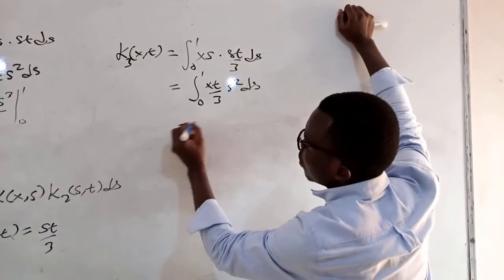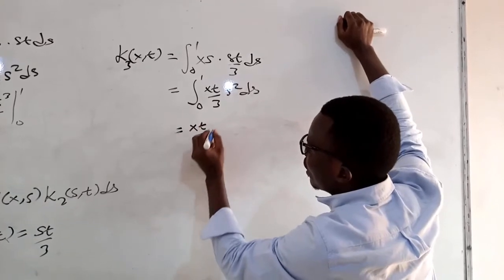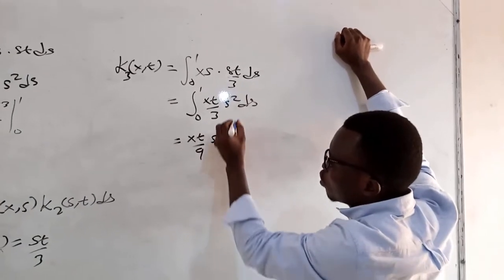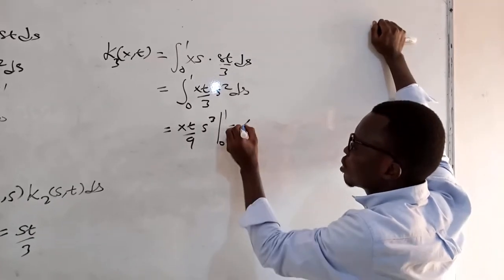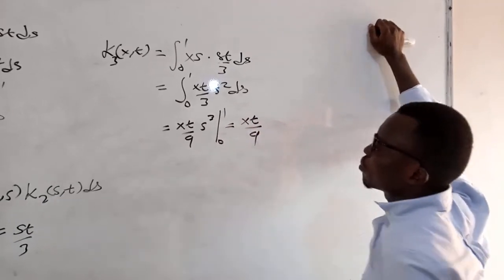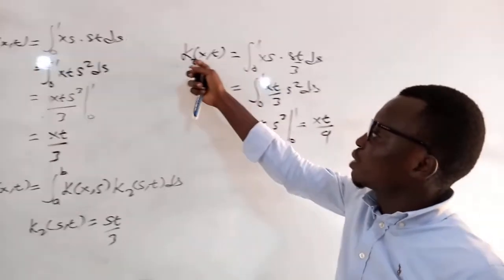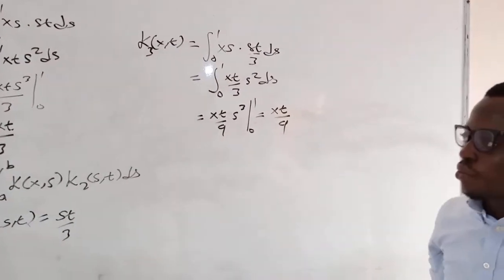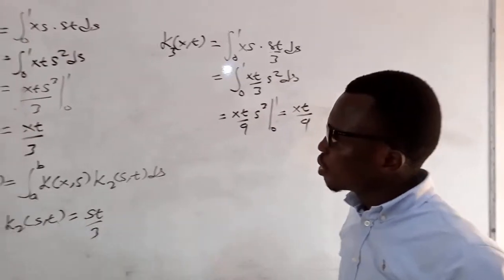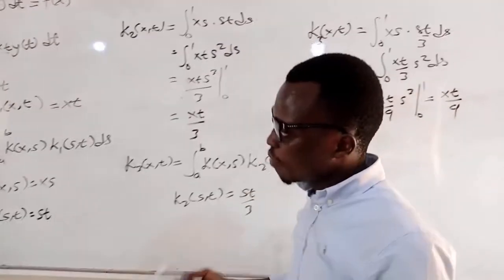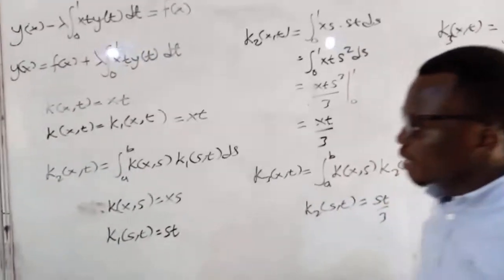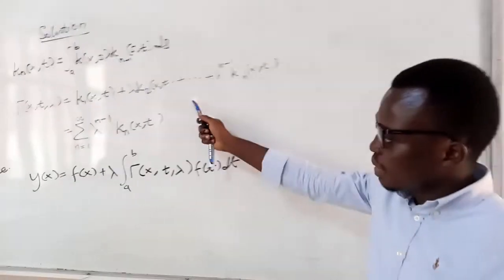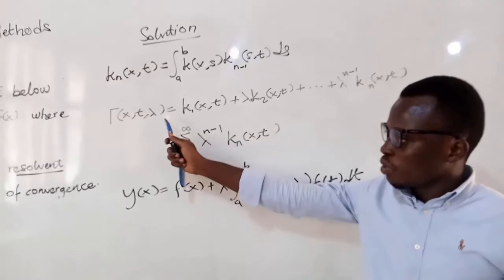So I'm going to have st divided by 9, s cubed evaluated from 0 to 1, which is st over 9. Which means that our K3 of st is the same as st over 9. You can move on to find your K4, then your K5, and then substitute them into this relation, which is the resultant kernel.